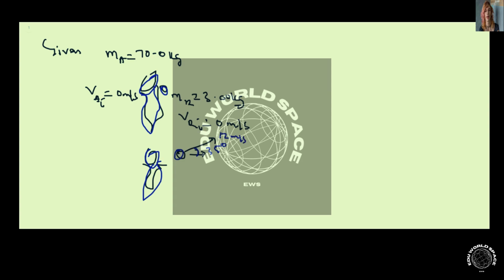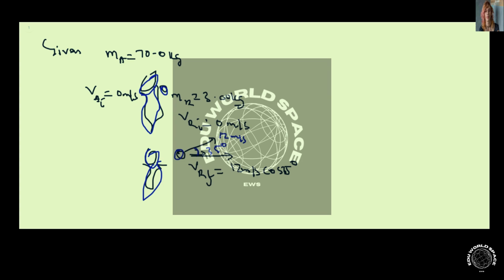So the effective final velocity of the rock, strictly speaking, is 12 meters per second times cosine of 35. Because it's this component, the horizontal component, that's the one responsible for moving the rock in that direction.